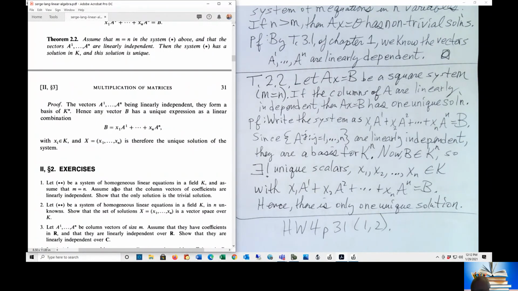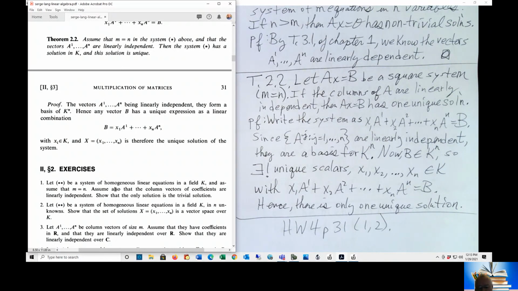So that means there exist unique scalars x1, x2 through xn in K with x1 a1 plus x2 a2 plus dot, dot, dot plus x sub n a sub n equal b. Hence, there's only one unique solution.